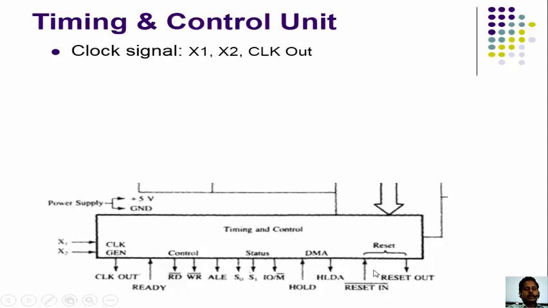So these are the various signals of this timing and control. Clock signals, X1 and X2, are two clock pins where we connect a tuned RC or LC circuit or crystal oscillator to generate 3 megahertz clock frequency internally.